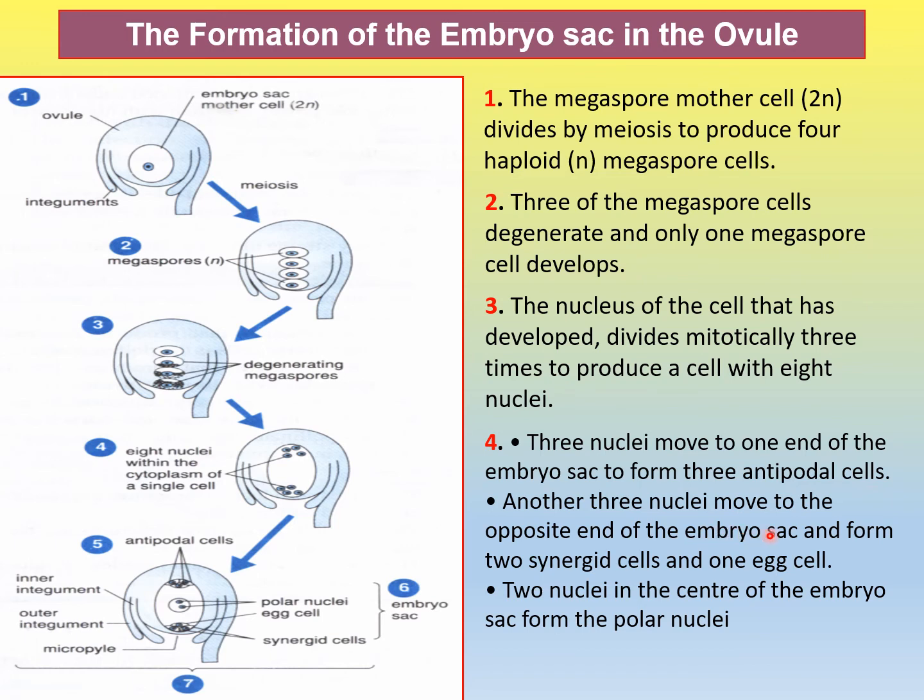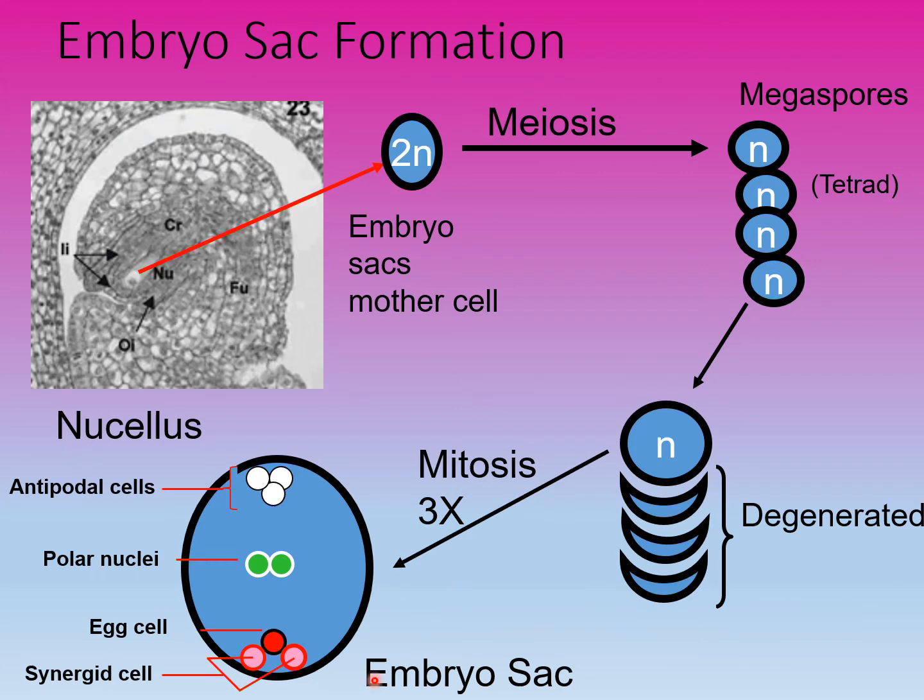Another 3 nuclei move to the opposite end of the embryo sac and form 2 synergid cells and 1 egg cell. 2 nuclei in the center of the embryo sac form the polar nuclei. Okay, 3 become antipodals, 2 become polar nuclei, 1 becomes the egg cell, and 2 become synergid cells.